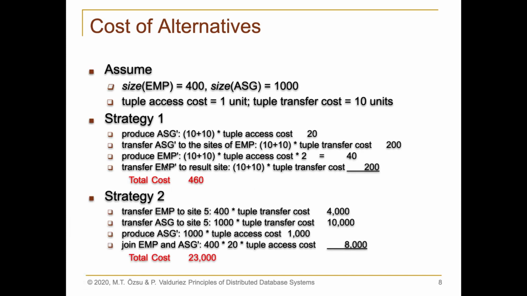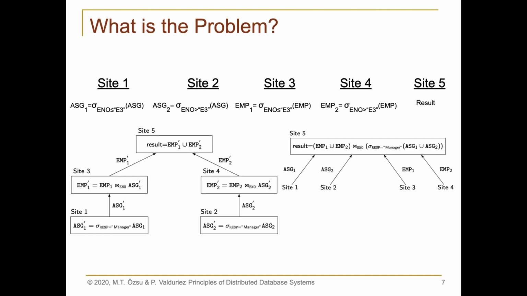So in order to produce employee prime, the total cost would be the number of tuples that this join operation accesses in each of those relations. So in the first case, in site 3, since employee 1 and assignment 1 prime are constructed from the same horizontal fragmentation condition, the maximum number of accesses to tuples in each of these relations is the minimum number of tuples in any of these two sub-relations.